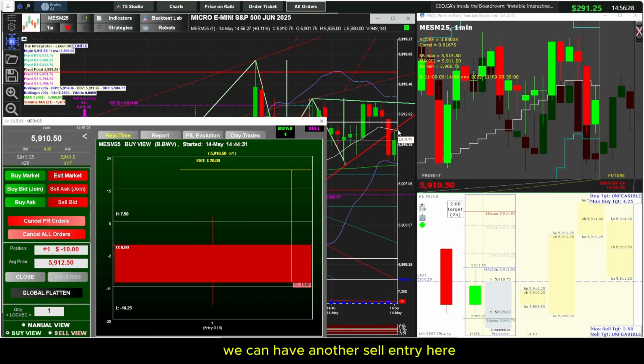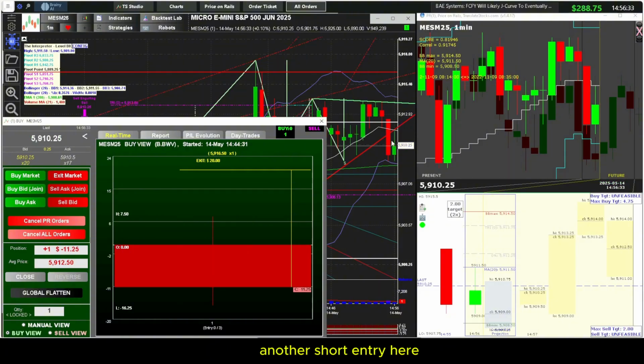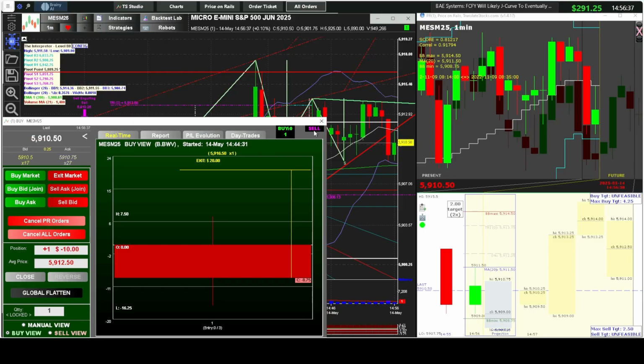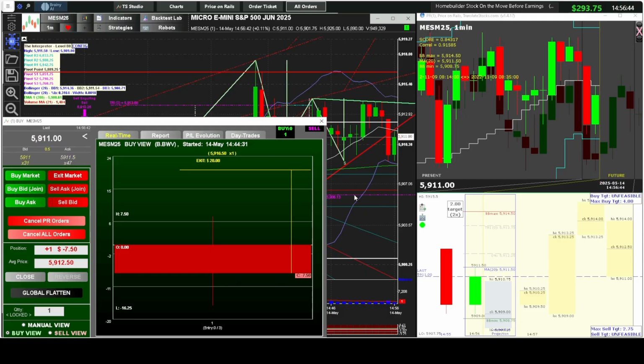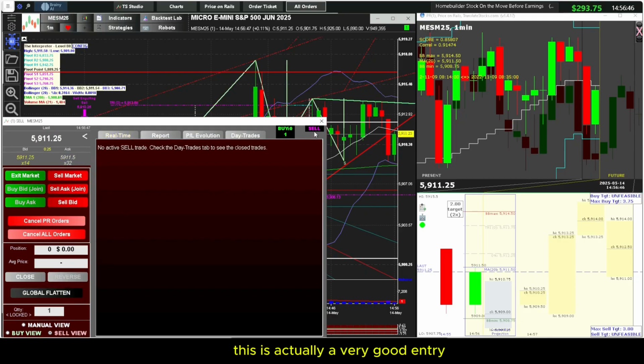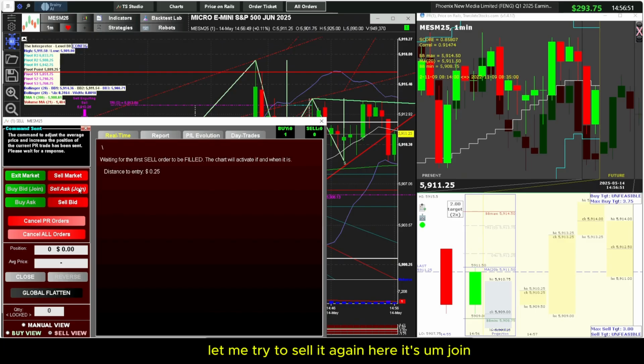We can have another sell entry here, another short entry here. And I can do this because I have a projection here on the sell side. This is actually a very good entry. Let me try to sell again here.